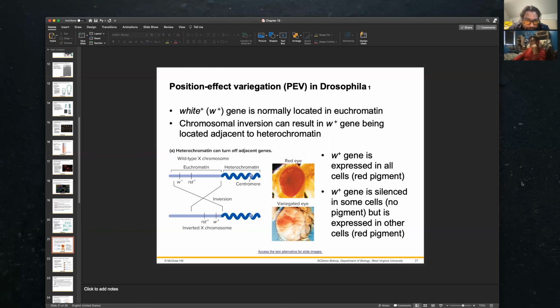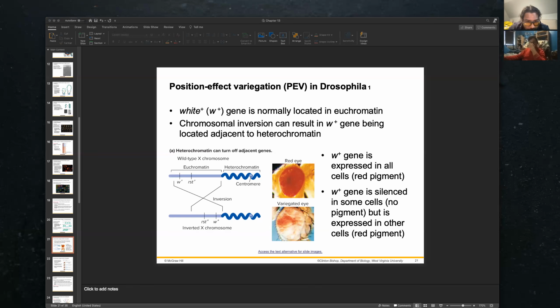So we have the wild type there, and part of it is euchromatin with the W gene, and then RST, whatever that is. And to the right, it's heterochromatin.